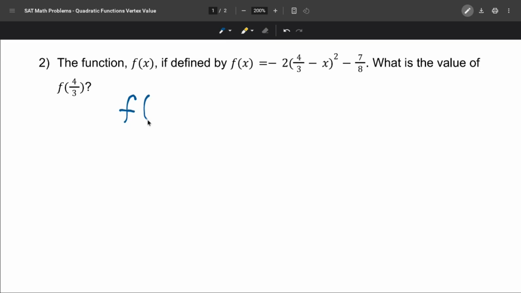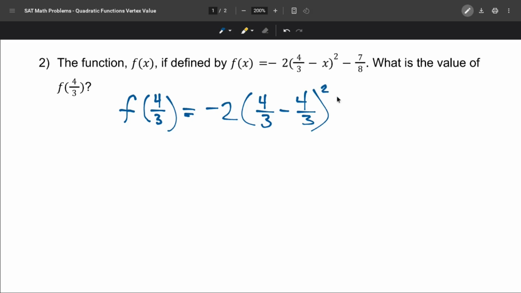All right, so f of 4/3 is going to equal -2 times (4/3 minus 4/3) squared, and then we're subtracting 7/8. But again, we're taking 4/3 away from itself, so you're getting -2 times 0 squared minus 7/8.